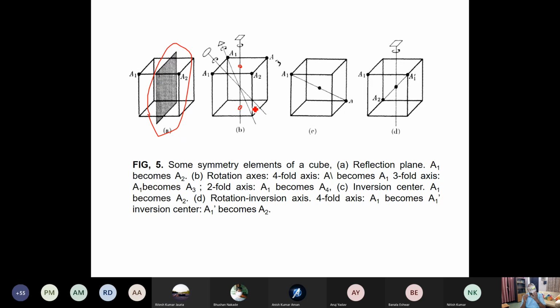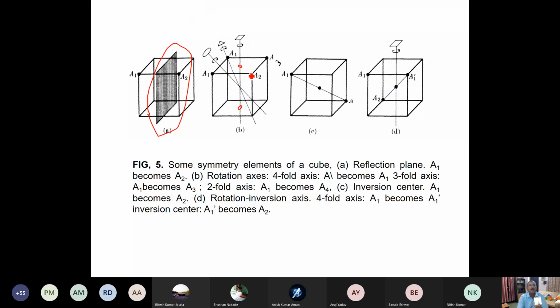Watch it, how I rotate it. What do you see? Cube. Another 120 degree. What do you see? Cube. Now another 120 degree. Cube, and the sticker is back. So 360 by 120 is 3. So this axis is threefold rotational axis.